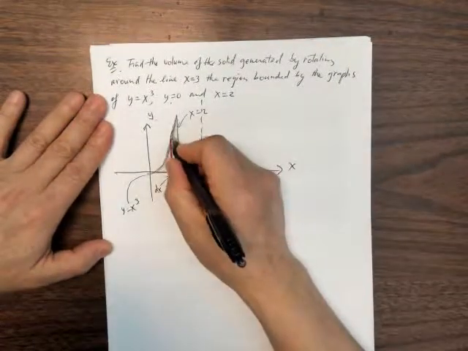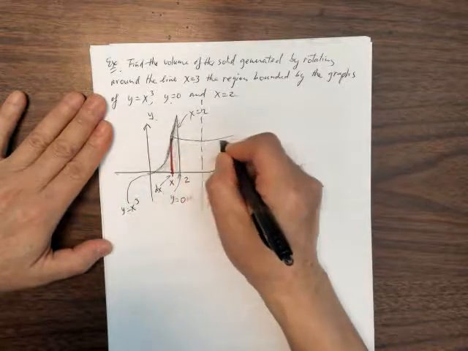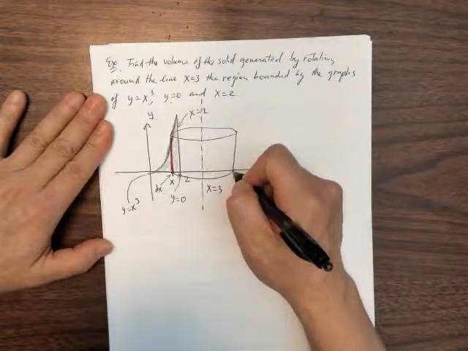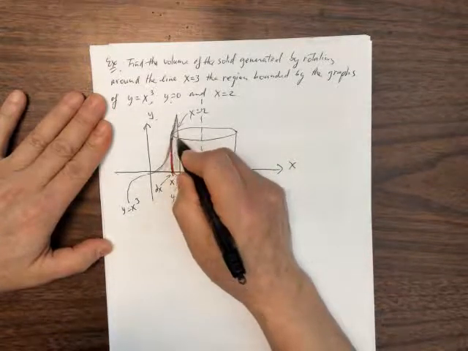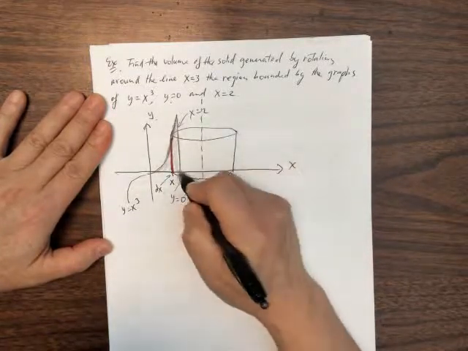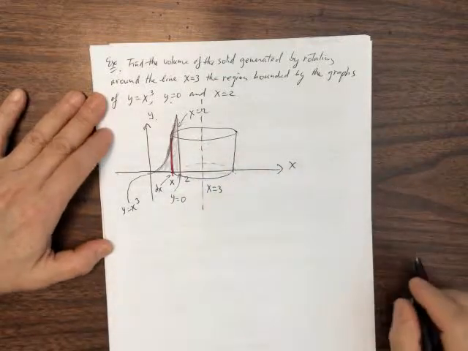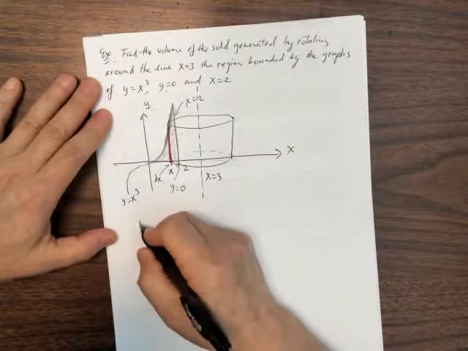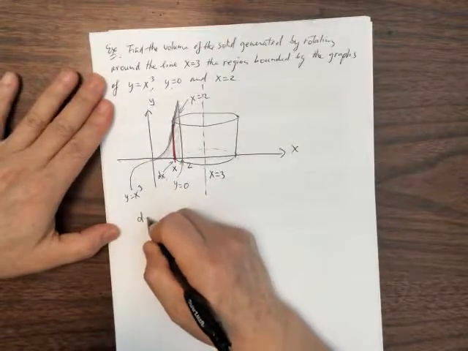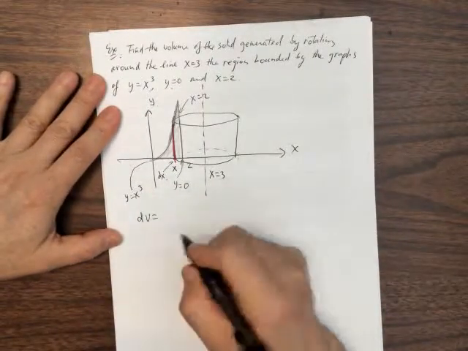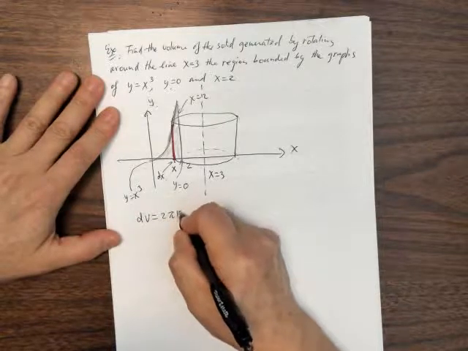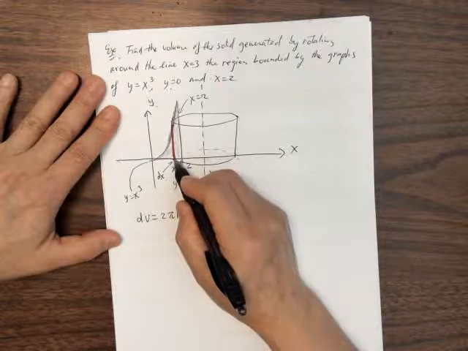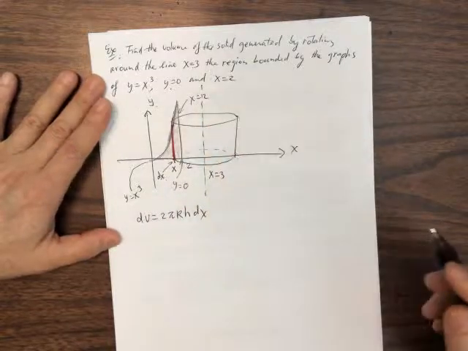Now I can see the revolution of this strip. Rotate the top, rotate the bottom. Obviously it's a cylindrical shell. So the volume of a shell is 2 pi r h dx, because a vertical strip is picked up.